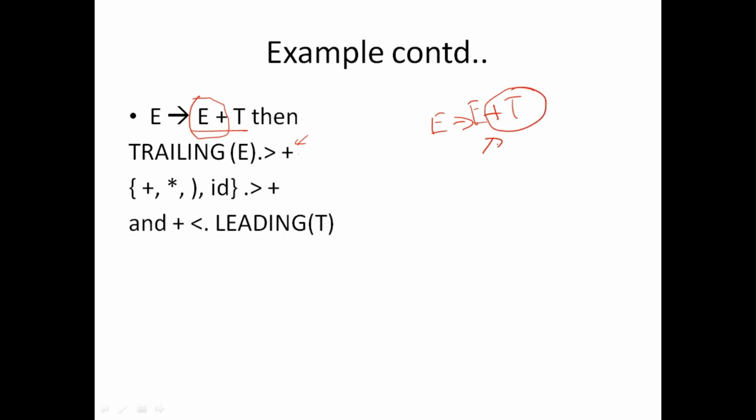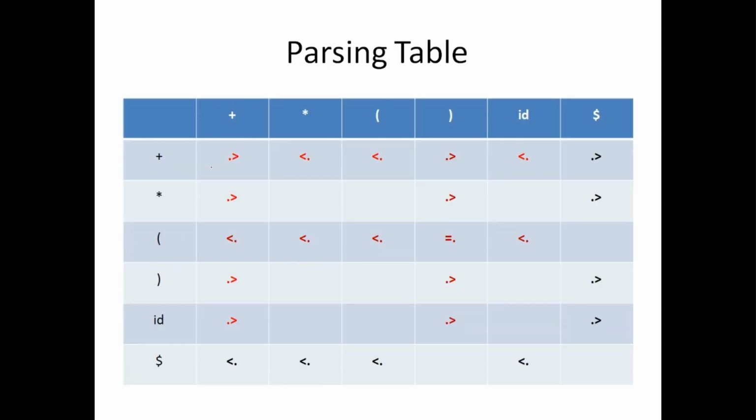Plus will yield precedence to leading of T. This is, plus yields precedence to asterisk, opening parenthesis, id. So in this way we have again incorporated the precedence level in the parsing table.